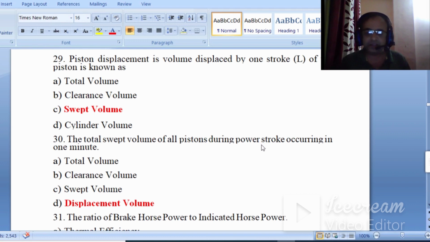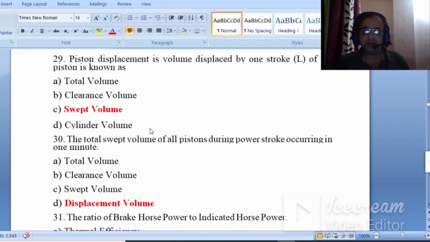It depends on the engine speed. Whatever the total swept volume of all pistons during power strokes occurring in 1 minute, or in 60 seconds, that total swept volume is known as the displacement volume.